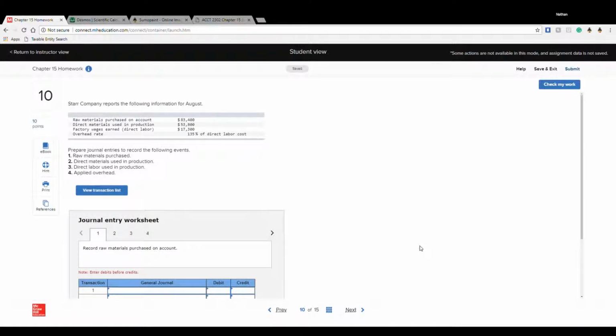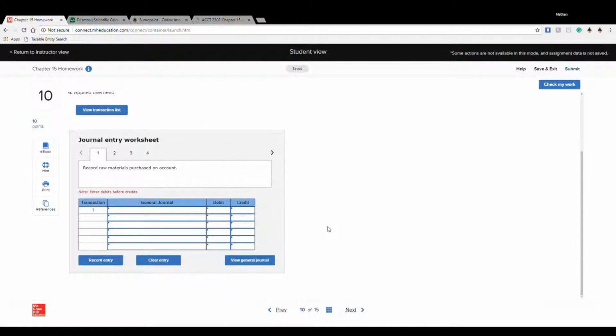Alright, so question 10 is going to be making all the stuff we've already done in the prior questions. It's jamming it all together. So let's go quickly through the basic journal entries again. So first one, record raw materials purchased on account. So we take our ownership of our inventory, and since it's on account, it's going to be accounts payable.